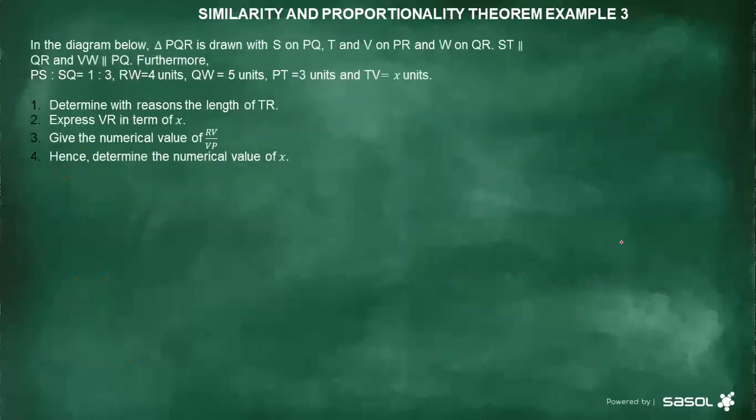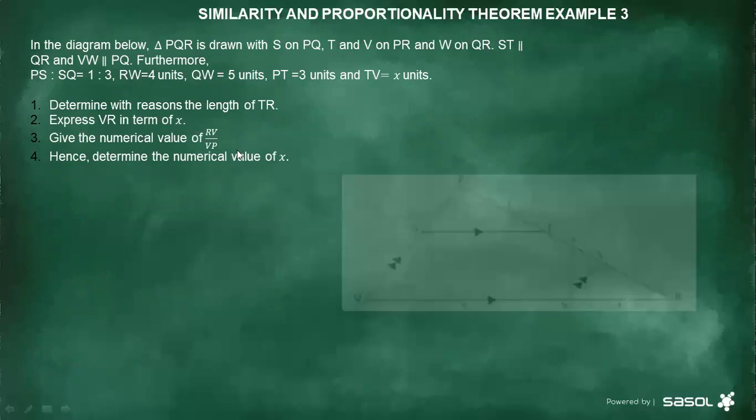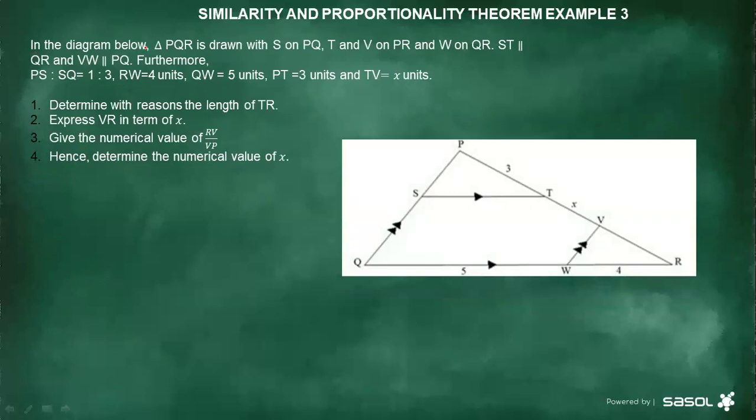We are still under similarity and proportionality. In the diagram below, triangle PQR is drawn with S on PQ, T and V on PR, and W on QR. ST is parallel to QR and VW is parallel to PQ.